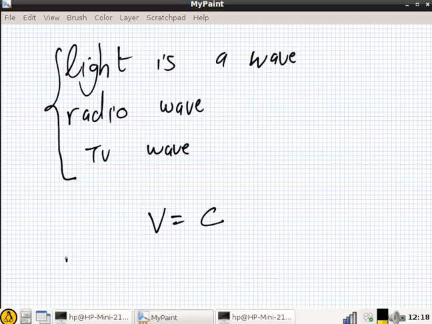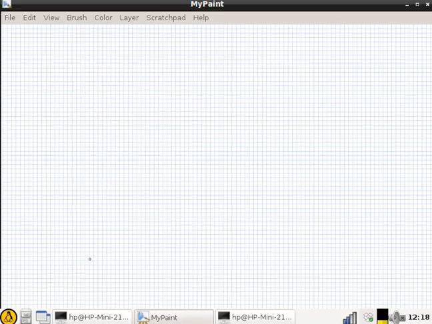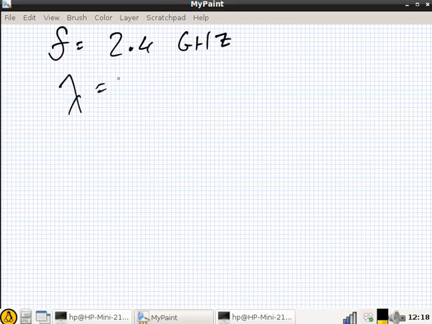The question I'd like you to do now is a small part of a question. They give you the frequency, 2.4 gigahertz, and they want the wavelength. So I'd like you to do that for me, please.